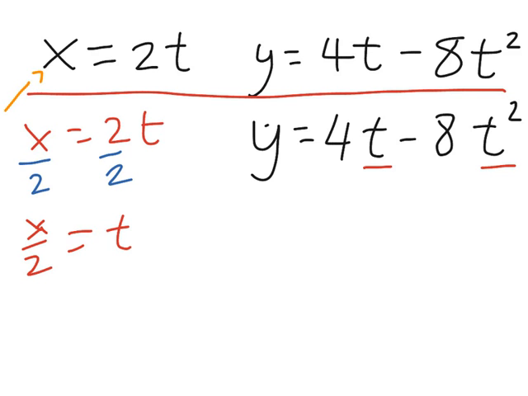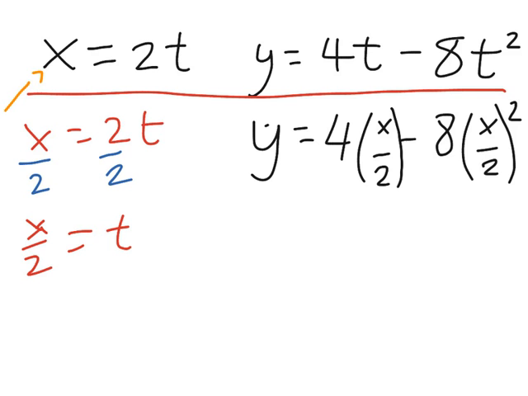That tells me that I can go over here and erase t and replace it with x divided by 2. What I did was I erased the two t's and replaced them with x over 2 right over here.